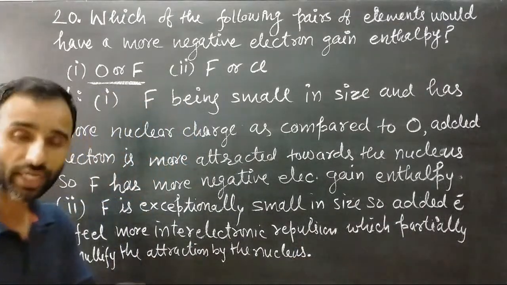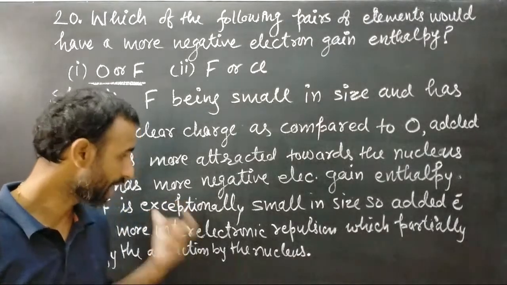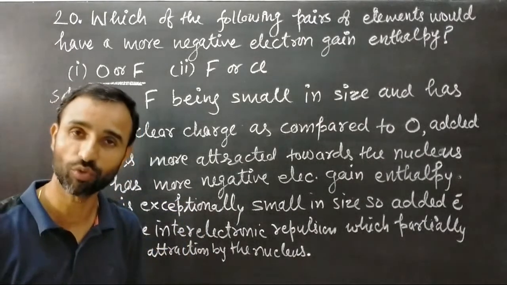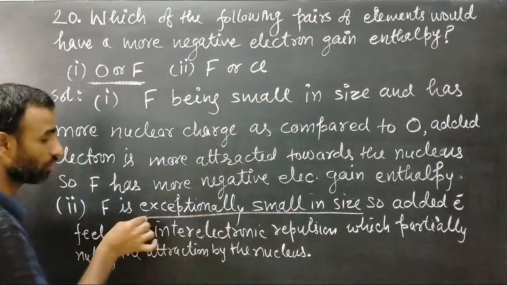So the attraction is somewhat decreased. The added electron is less attracted towards the nucleus because of the exceptionally small size of fluorine.